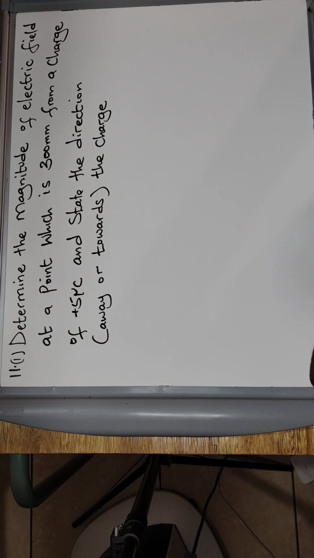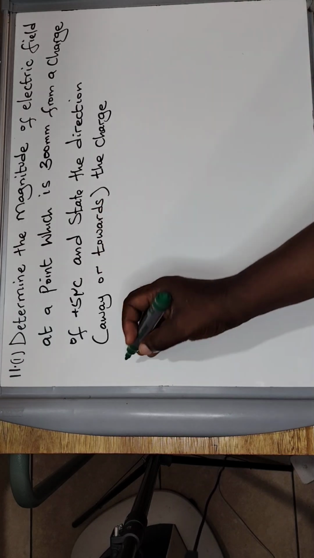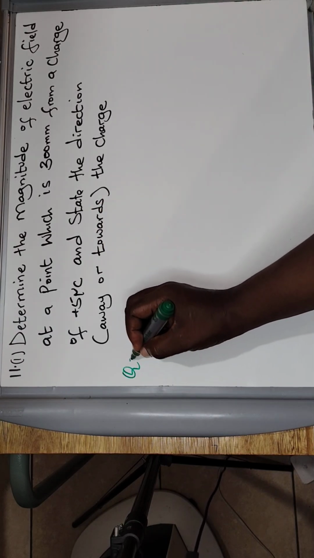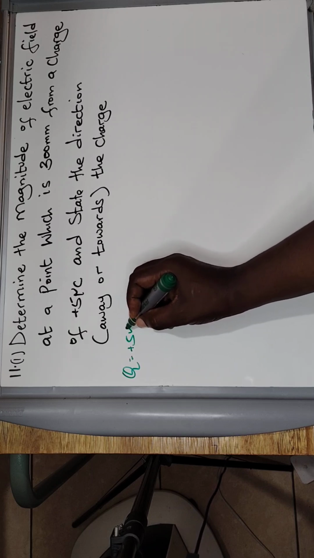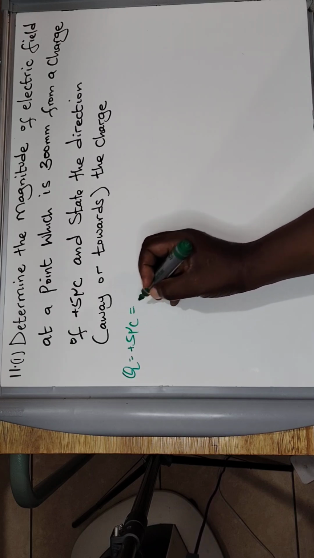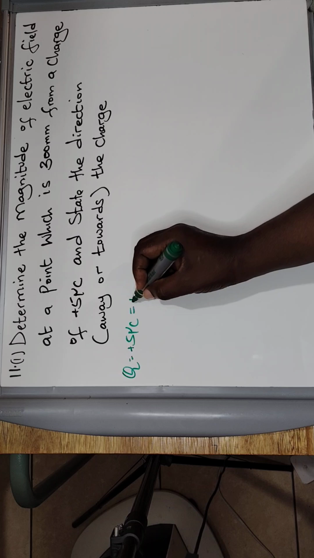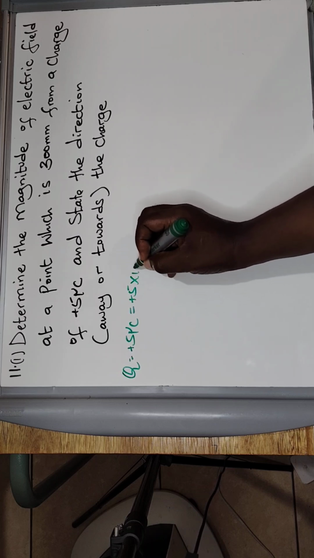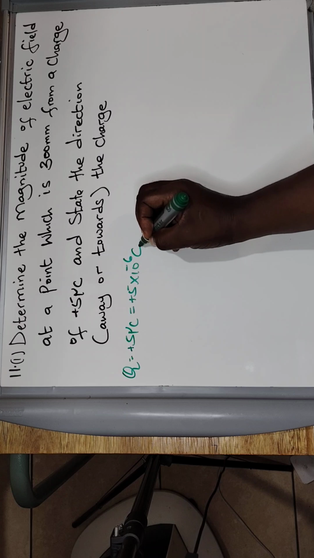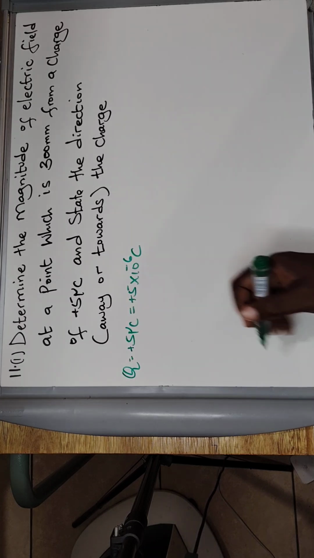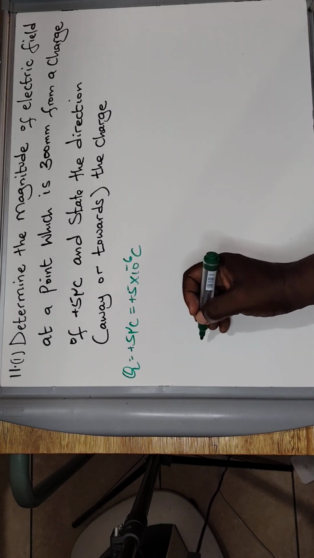When you look at this scenario, we need to look at the information. We have the charge of interest, and the charge is plus 5 microcoulomb, which in SI units is going to be plus 5 times 10 power minus 6 coulomb. What else do we know?